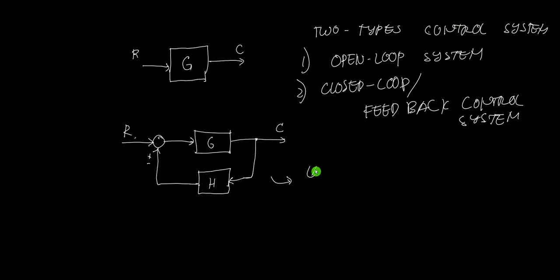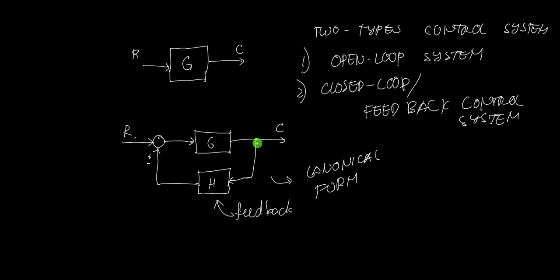They call this one the canonical form of a feedback control system. So there's a feedback. Where's the feedback? This is the feedback. So what's the difference from the open loop?